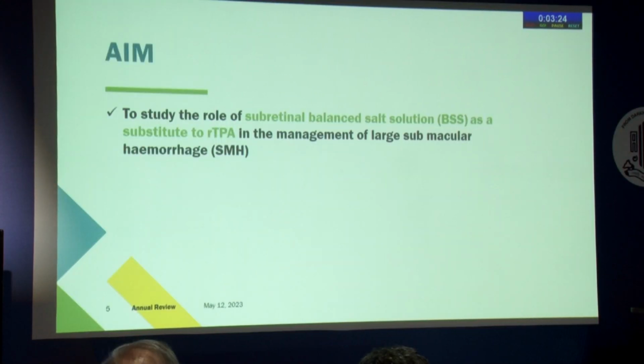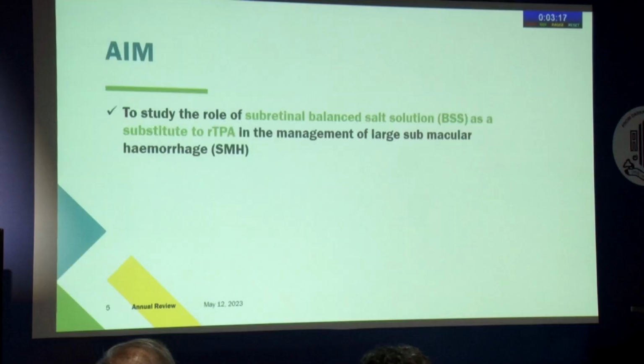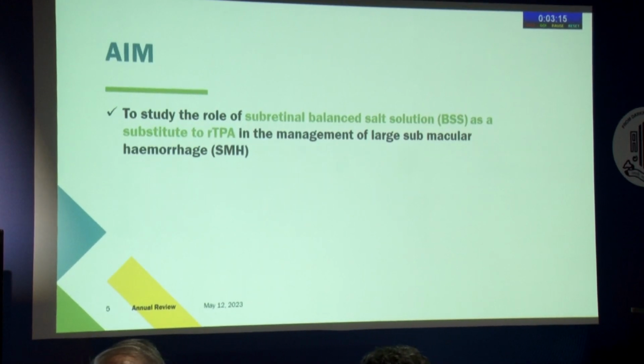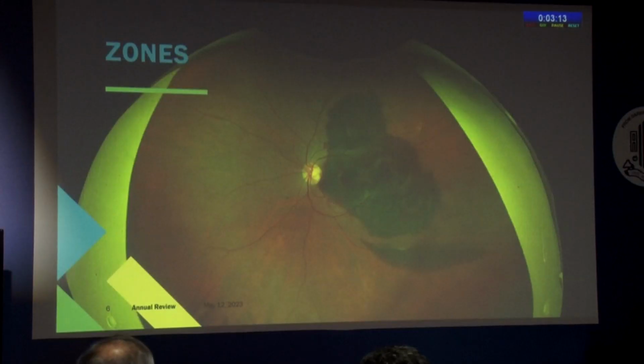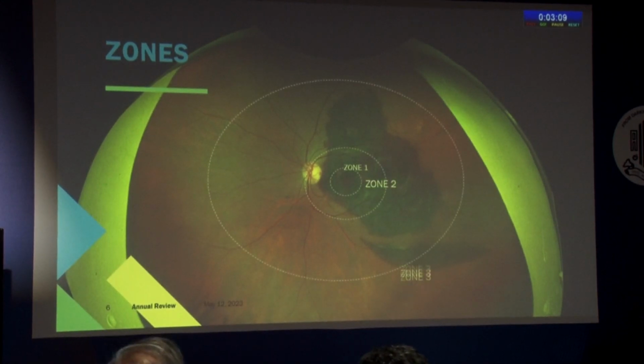So this study was designed with an aim to study the role of subretinal balanced salt solution as a substitute to TPA in the management of these hemorrhages. TPA, as we know, is expensive and is not freely available. For the purpose of the study, the fundus was divided into these 4 zones.